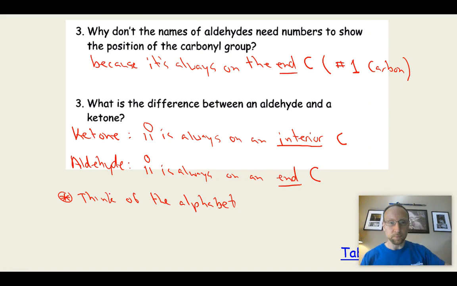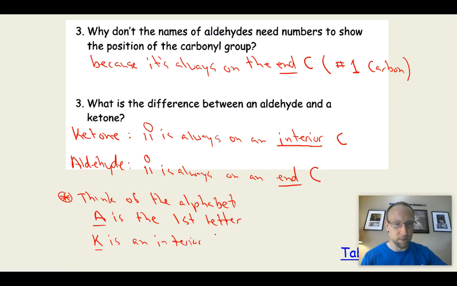So think of the alphabet. A is the first letter. So that double O is always on the 1 carbon. And K, so A for aldehyde, and K is an interior letter.